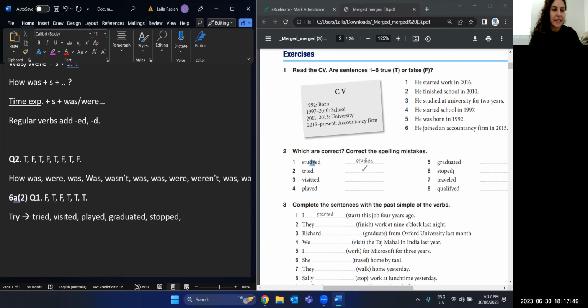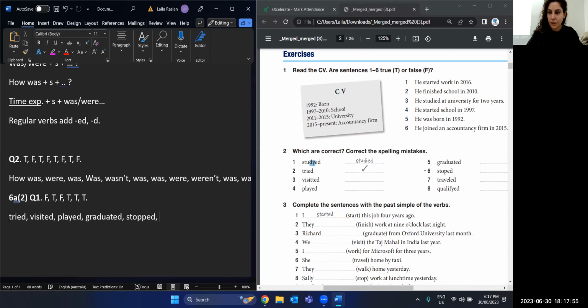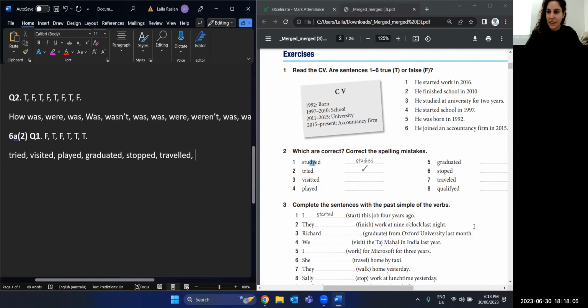Yeah, double P. So these are the past verbs. Traveled. Yeah, because it needs double L. And qualified. Yes, IED, because it ends in a Y. So IED.